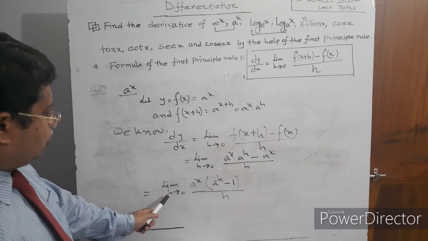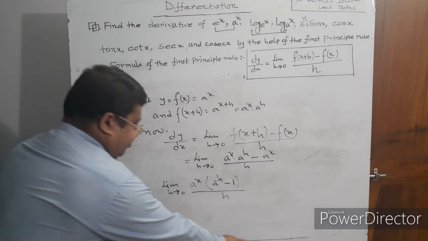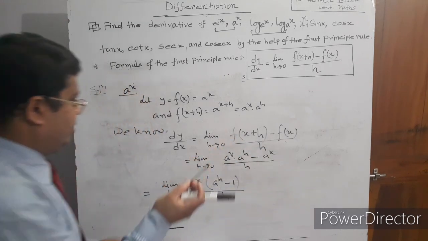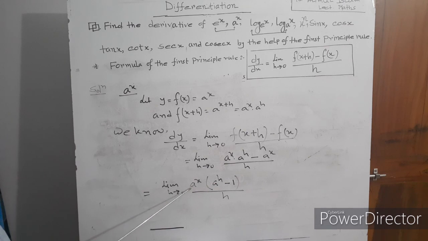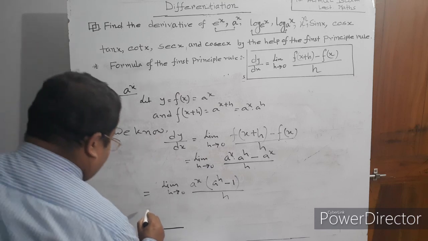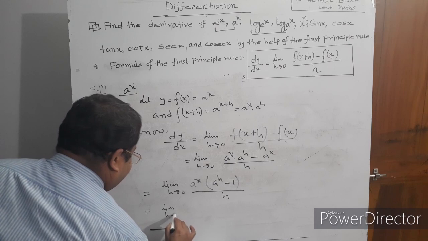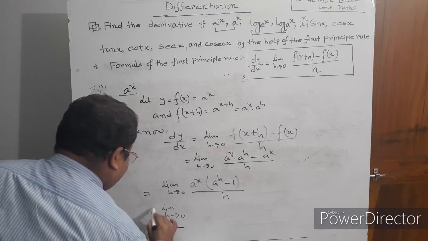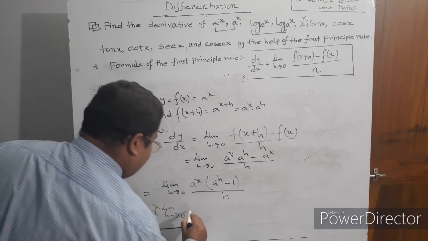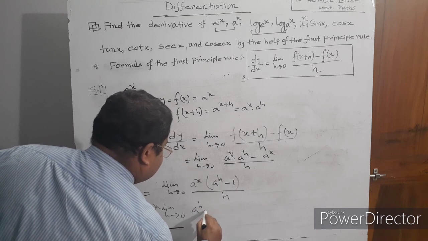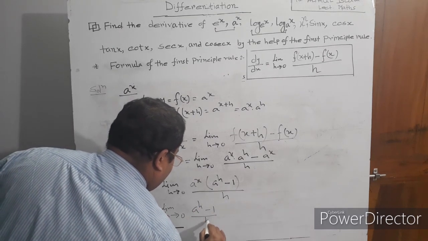This is the function of x, so a to the power x you keep outside of the limit, limit h tends to 0, a to the power h minus 1 divided by h.